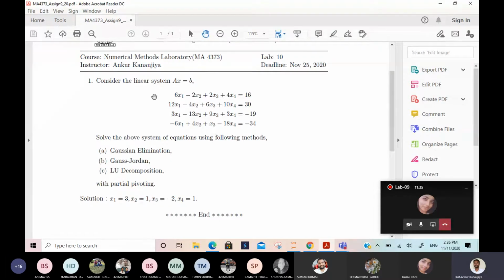So just note down this problem and perform one row operation only. And then tell me what will be the matrix after performing the one row operation.